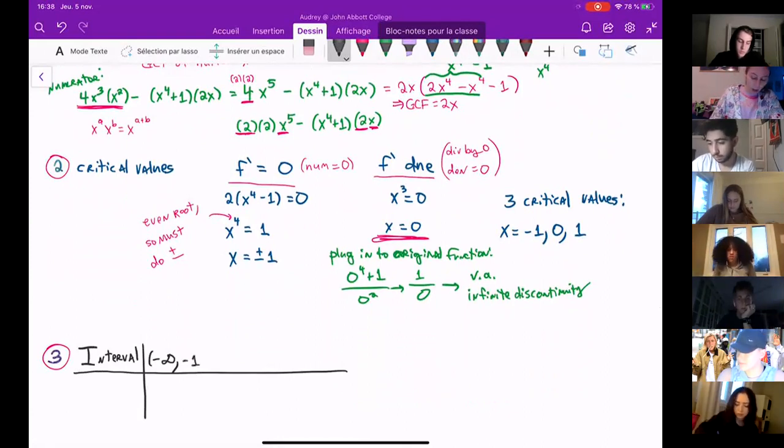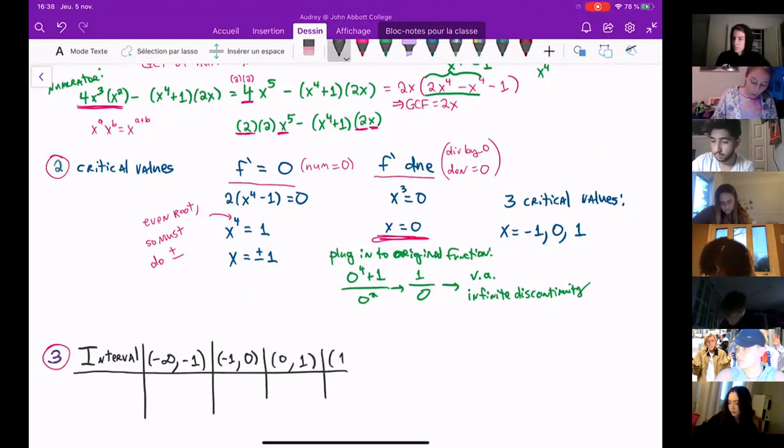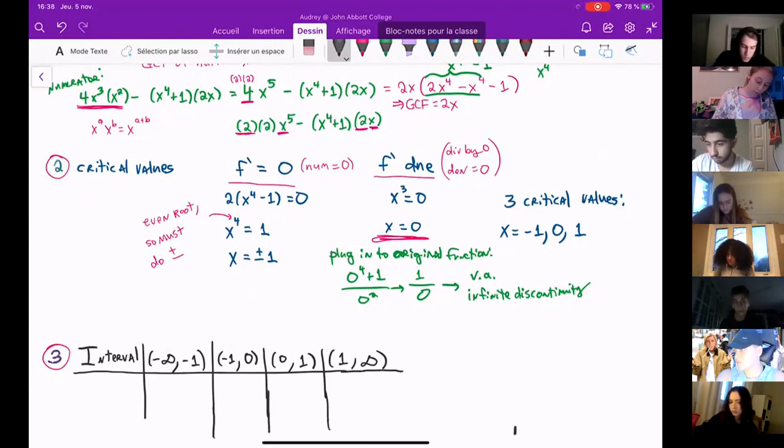And then I close, and go on to the next. I start where I stopped. What's my next critical value? 0. And then my next one? 1. And then I don't have any more, so I'm going to go all the way up to infinity. This is my step 3. I just created intervals using the critical values.